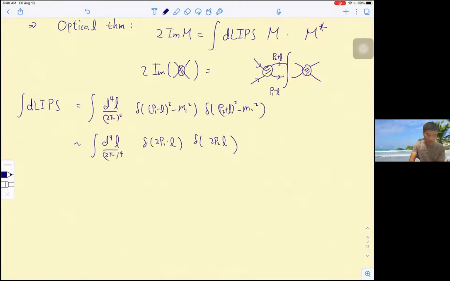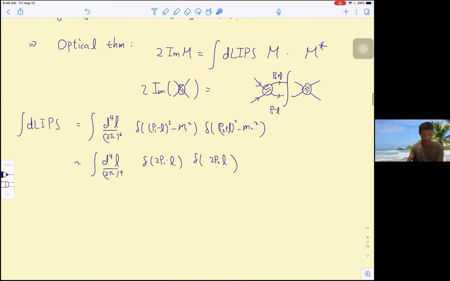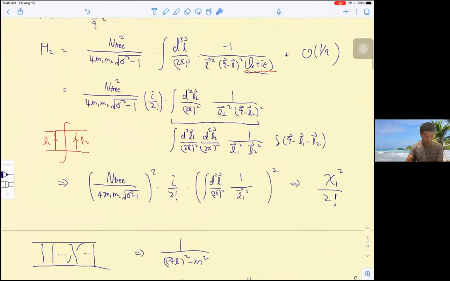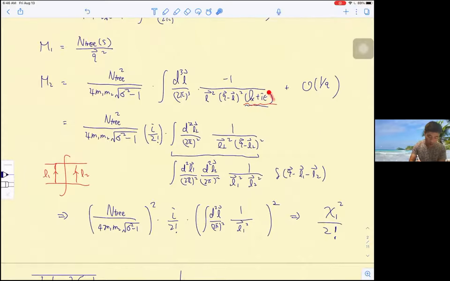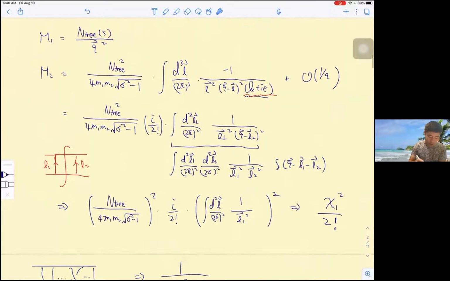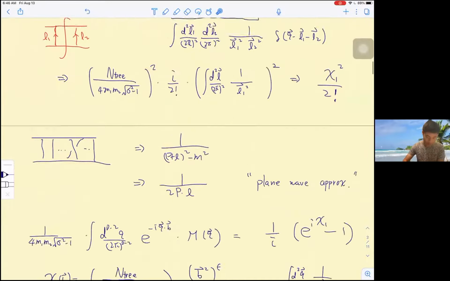When you do, you'll see that you get exactly the same cuts we had previously for the box diagram, and exactly the same Jacobian. After you localize the matter propagators, you get a two-dimensional space for the momentum transfer.